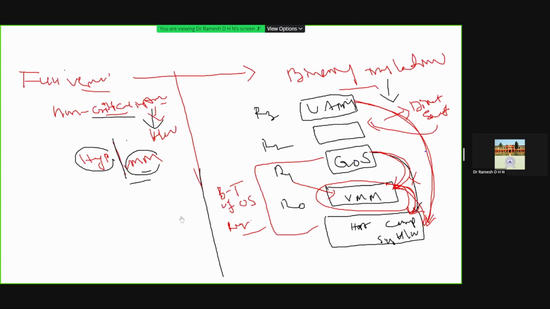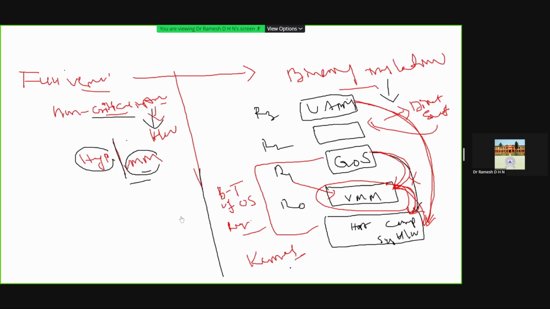This approach, which is depicted in this figure, translates kernel code, the operating system primitives, to replace non-virtualizable instructions with new sequences of instructions that have the intended effect on the virtual hardware.